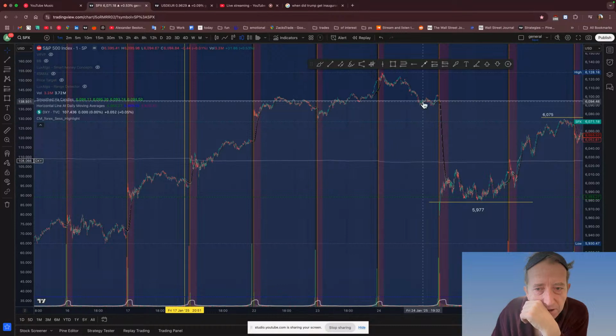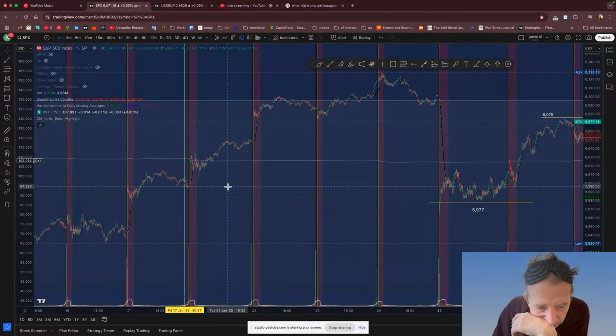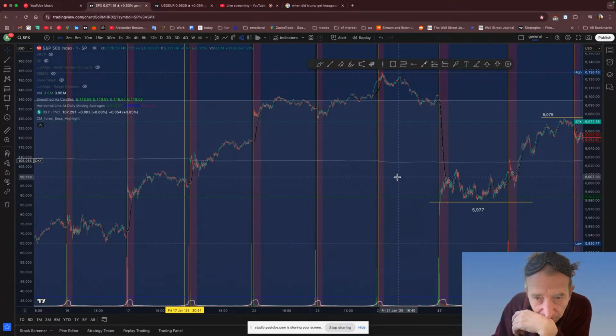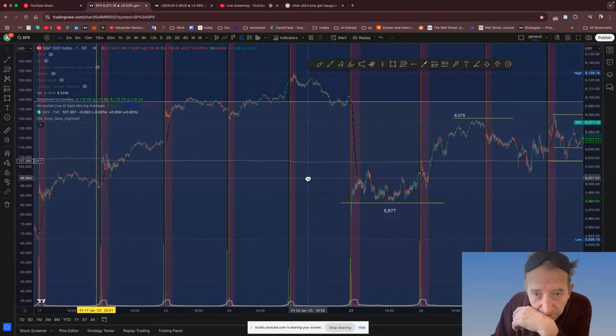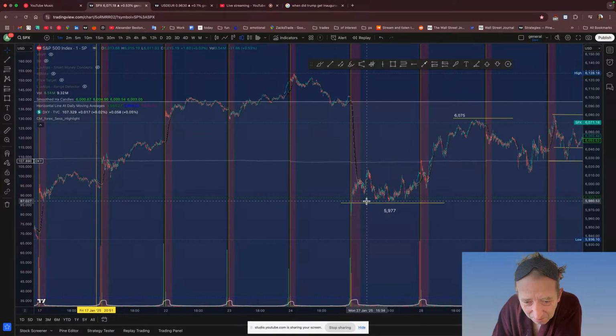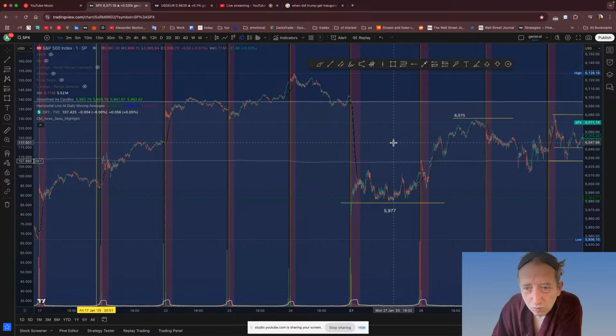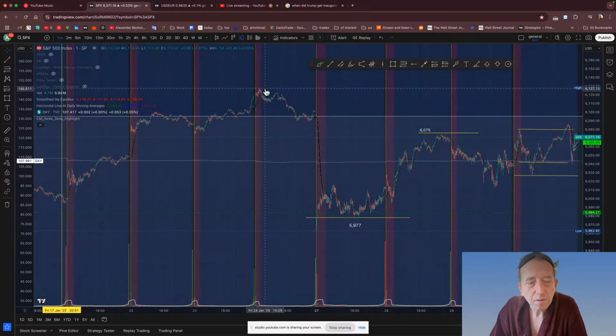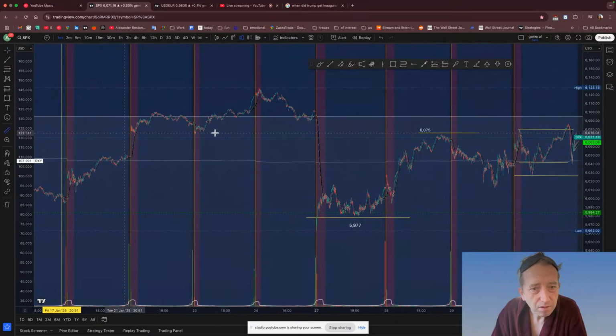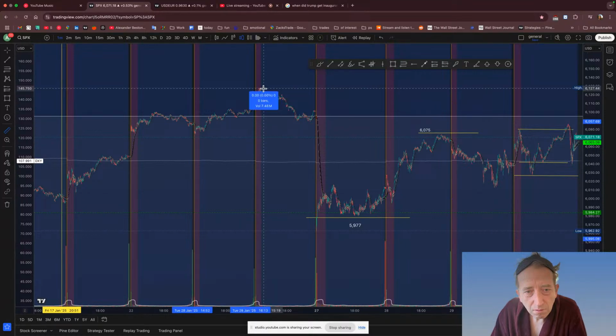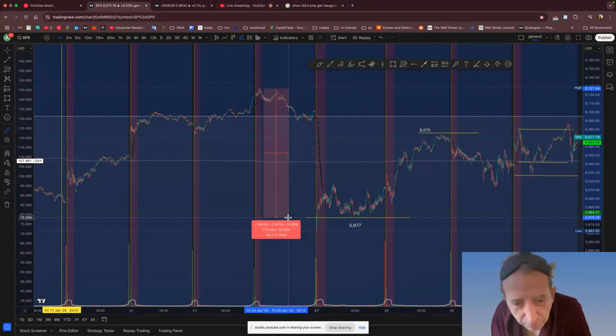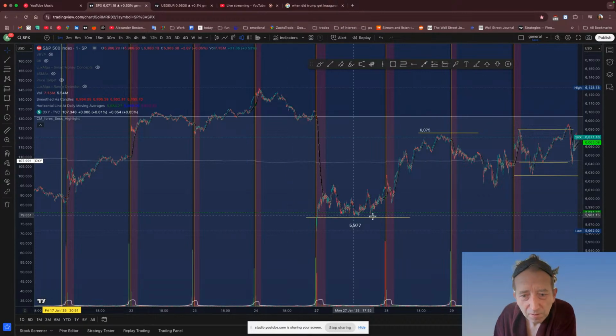So this is like the sort of honeymoon period with the inauguration. 21, 22, 23, 24. And then by Monday, bam. 2.4% drop over the weekend.